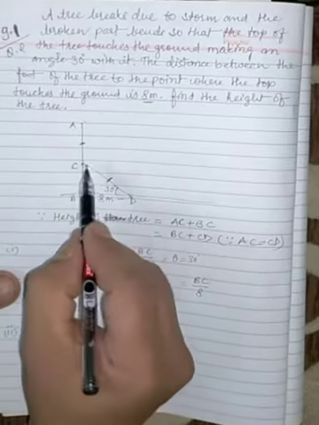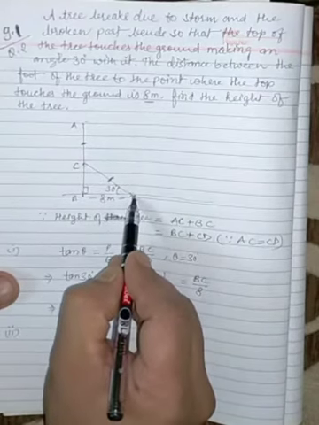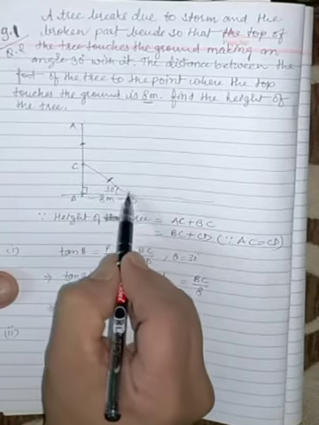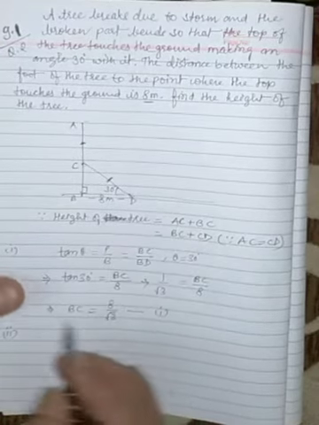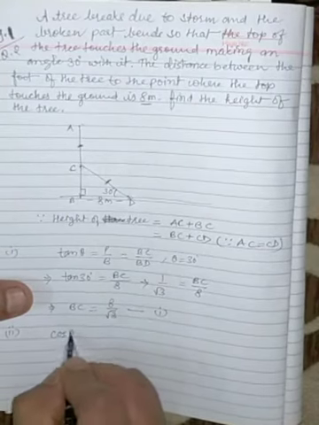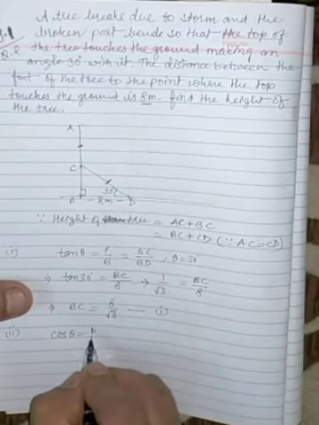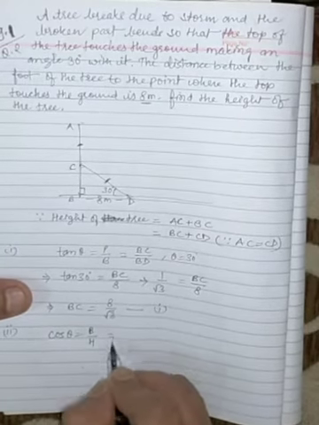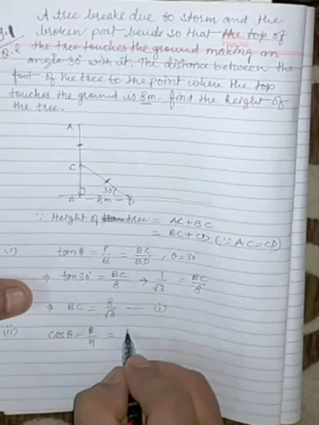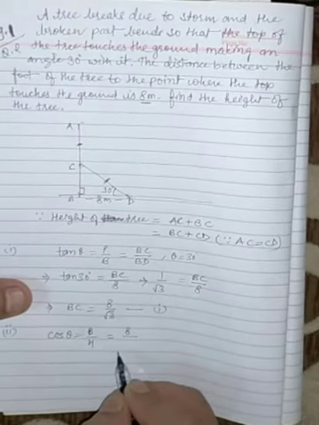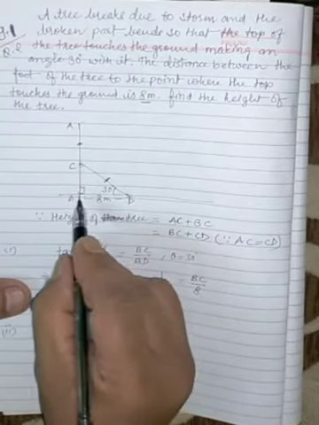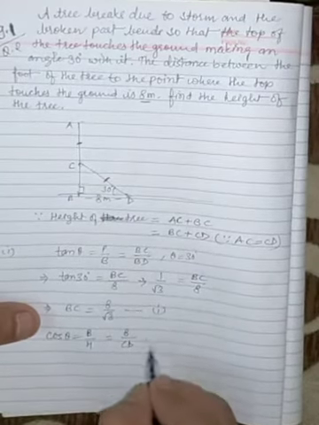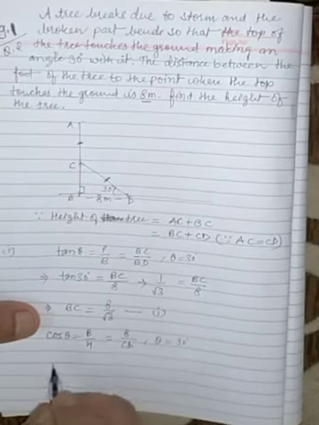In second part, to find out CD, now this time we are going to relate base and the hypotenuse with cos. So cos theta is equal to base upon hypotenuse, is equal to 8 upon CD. Theta again we are given 30 degree.